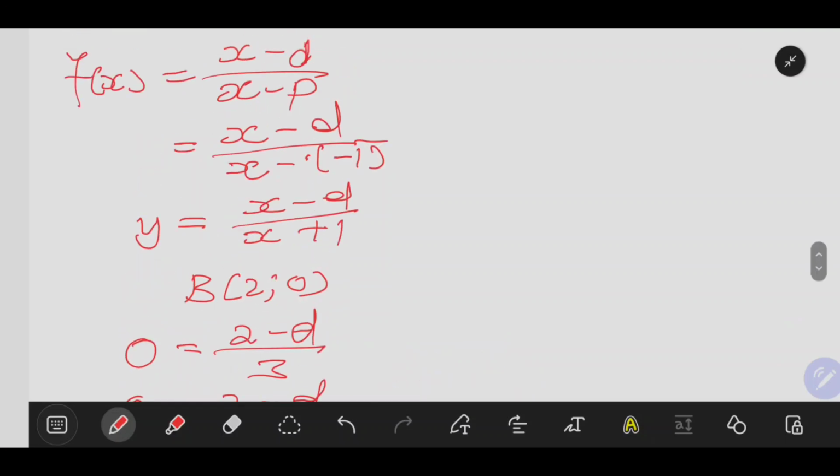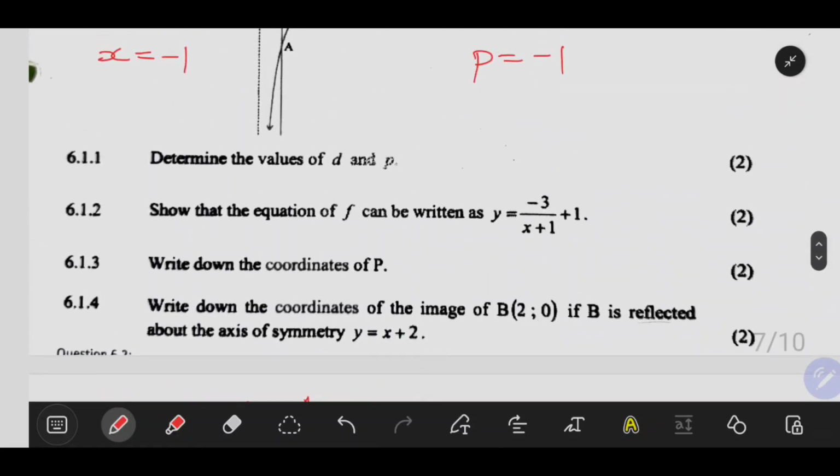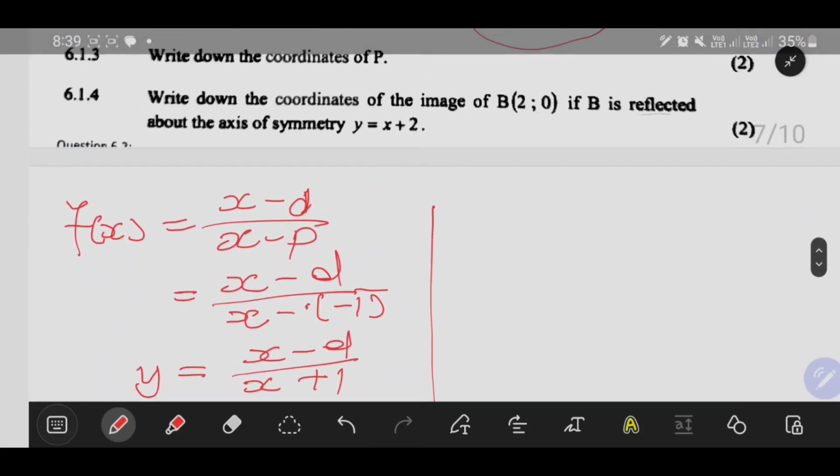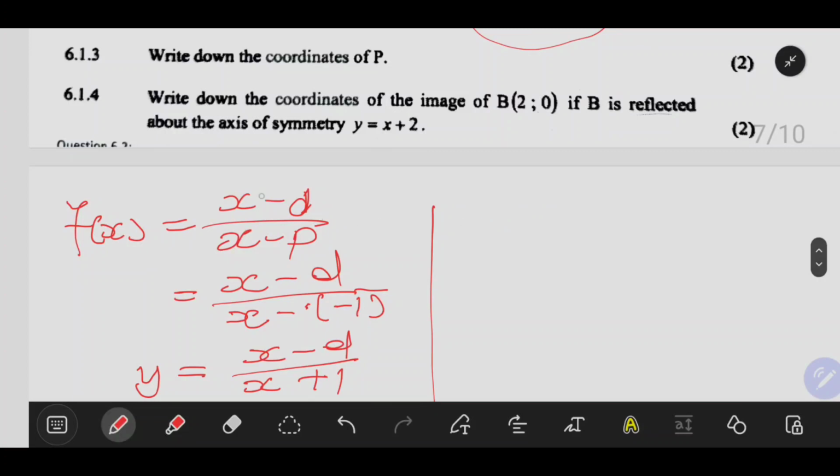So we have answered the first question. Now they ask you to show that the equation of f of x can be written in this form. In order to write that equation in that form, we substitute the value of d here.